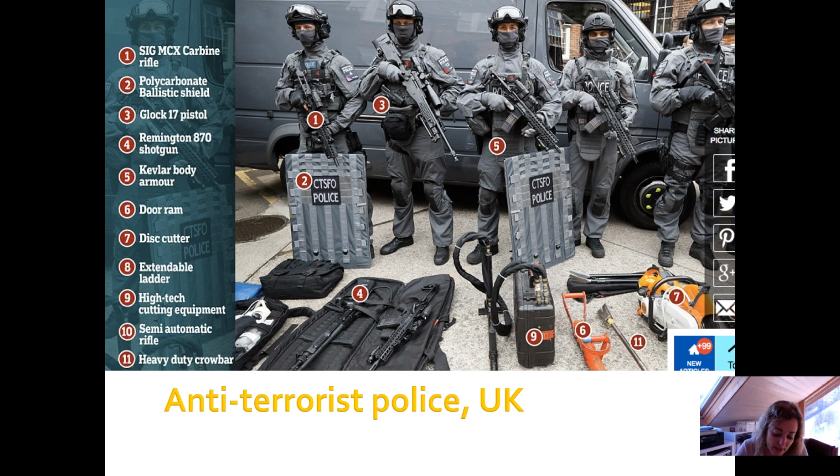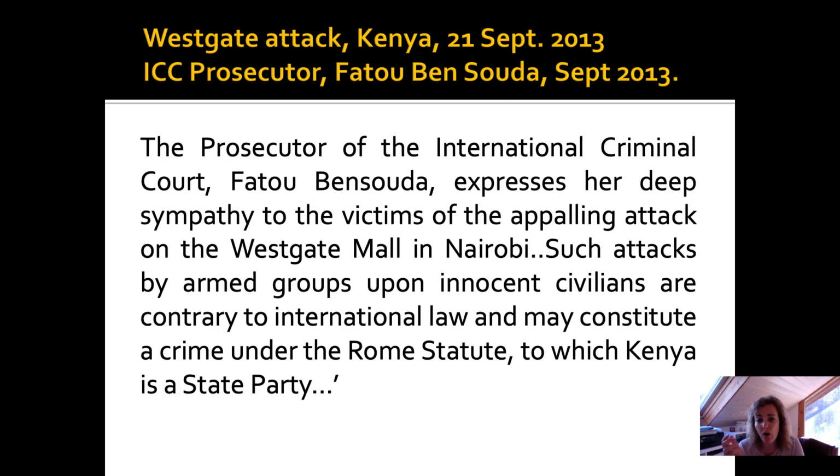Another example I would like you to look into in more detail, when you have time at home, relates to the attack in the Westgate Mall in Kenya, which took place in September 2013. Here you had members of the Al-Shabaab armed group, the Somali armed group, which conducted an attack in this mall, and the reaction from the Kenyan police was also quite robust.